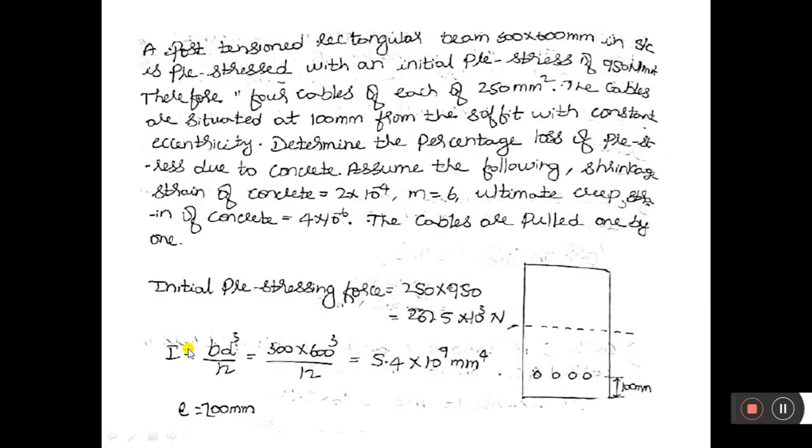Then moment of inertia I is equal to b d cube by 12. So 300 into 600 cube by 12, that will be 5.4 into 10 to the power of 9 mm to the power 4. So e is 200 mm. Now loss due to elastic deformation. We know the formula to calculate loss due to elastic deformation, that is m into fc.